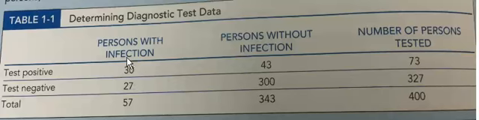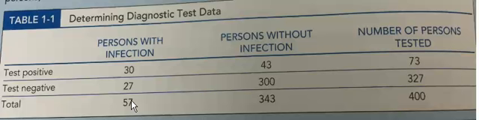This is a true positive over the true positives, this again, over the false negatives. So this is a false negative. So this is quite simple. The sensitivity for this test is 30 over 57, or 52.6%.